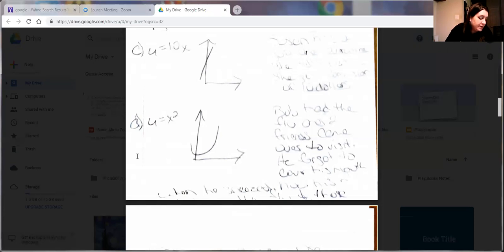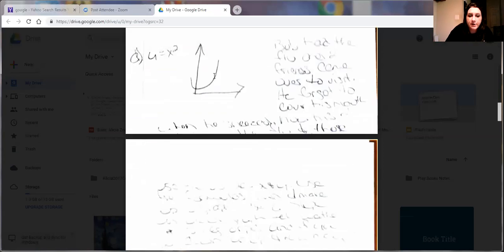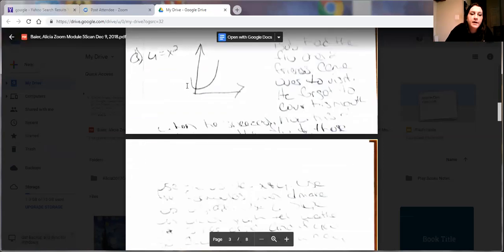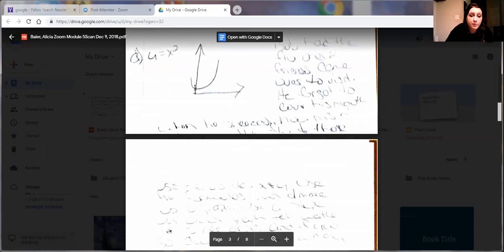Bob had the flu, and 2 of his friends came to visit. He forgot to wear his face mask, so his 2 friends got the flu, and his 2 friends gave it to 2 more friends. So this is the curve right here of Bob getting it, and then 4 more people getting it.